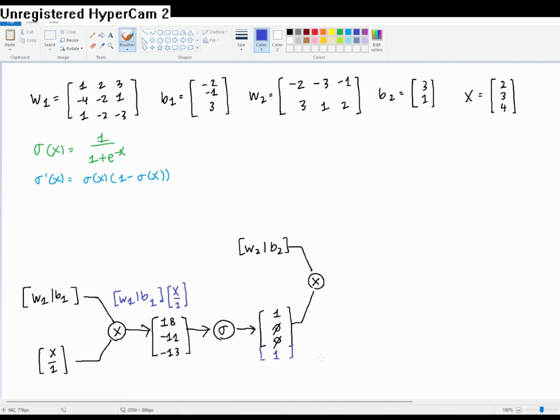Otherwise, you will get an error from your calculator and you will feel lost. But we're not lost here. We are found, and we will find that this multiplication, the second weight, second bias, wrapped, multiplied, let's give this a name.